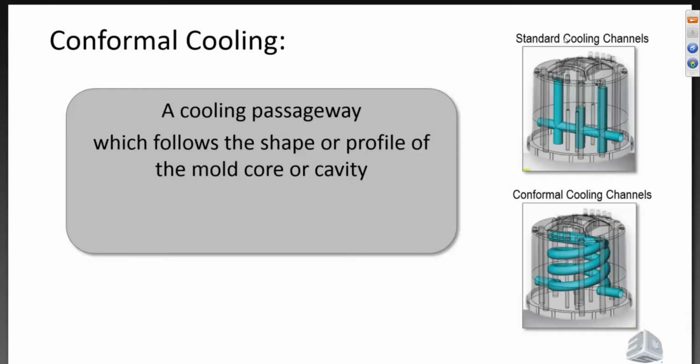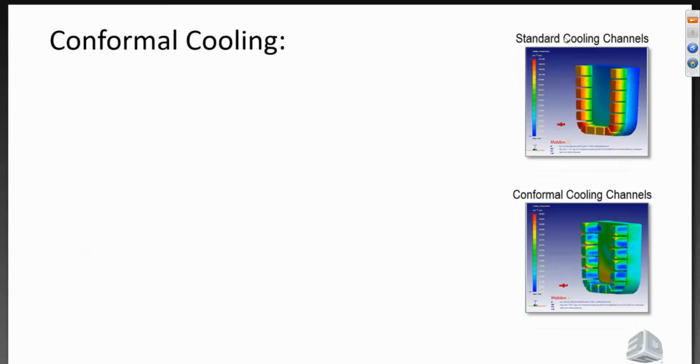With conformal cooling, in the lower example, it's following a helical twisting pattern, and the idea is that it's conforming to the shape of that core as it routes itself up, across, and then back down using that helical pattern. That's one example of a type of conformal cooling, very much driven by the geometry of the core.